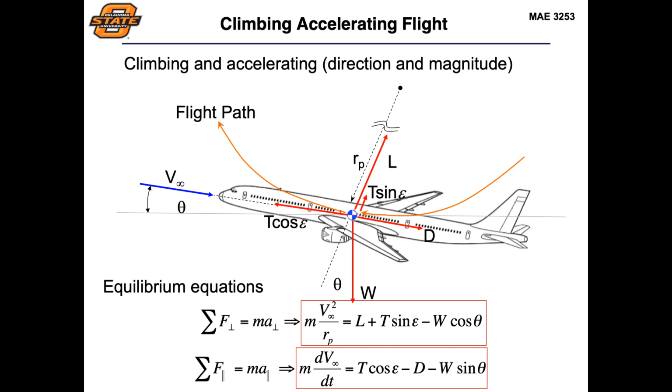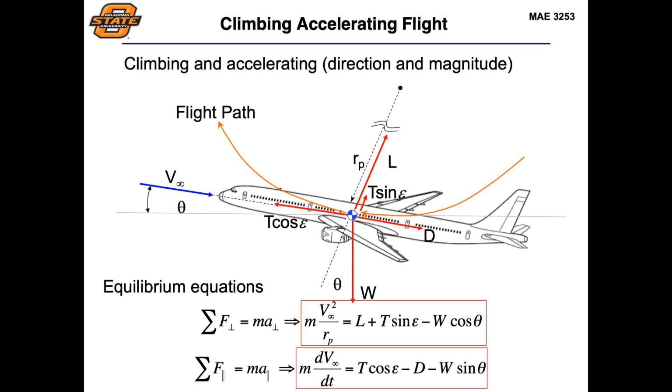Now, for the most part, we're not going to see this form of the equations again until we come back and look at takeoff and landing of an aircraft, where in that case we're going to be accelerating, but not really changing our radius of curvature when we're on the runway.